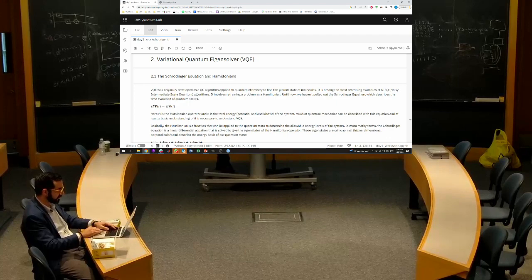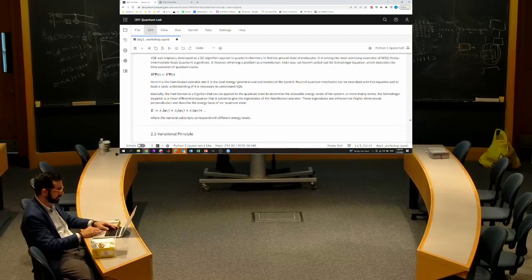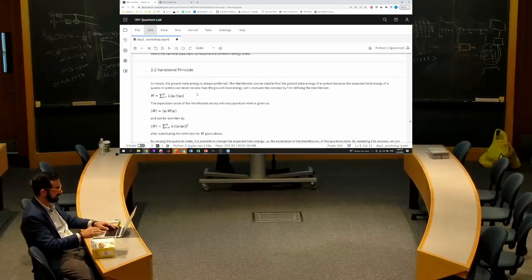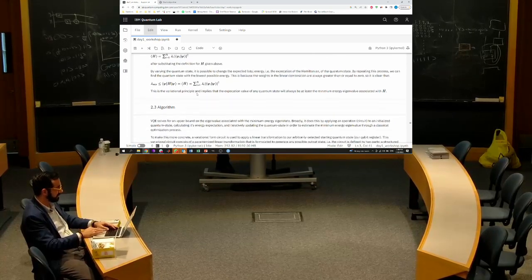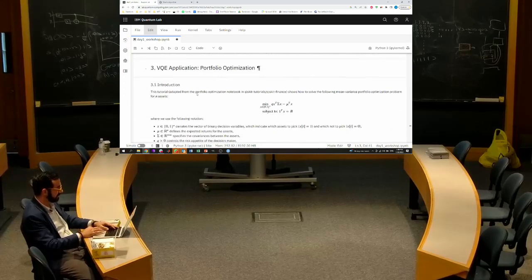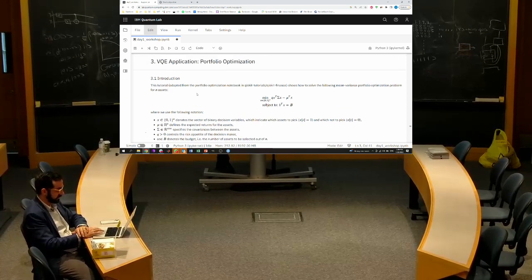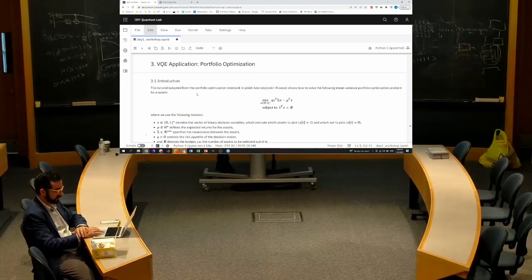Now it's kind of an explanation on a very common algorithm called variational quantum eigensolver. You have an explanation here of what it's supposed to be doing and mathematically how it is doing it. But we don't care about it. We just want to see how we can use it.